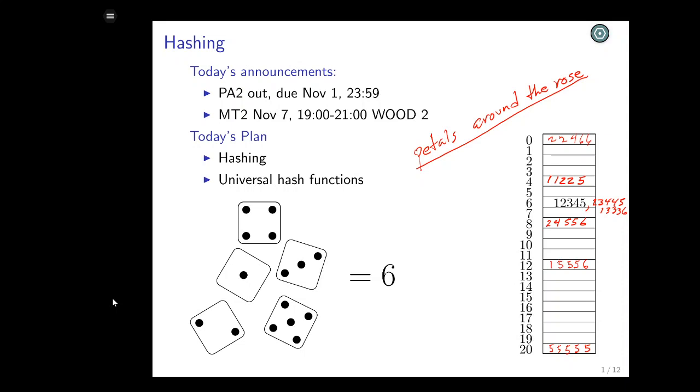It's like playing Yahtzee. This is 3 of a kind in Yahtzee, 3 twos. But in this hashing scheme, it's 6, which is getting well populated. So this is 2, 2, 2, 3, 5. It also goes into 6.